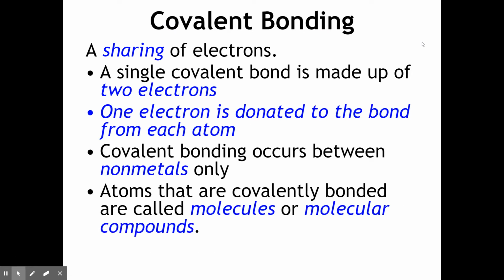Covalent bonding is a sharing of electrons, so unlike ionic bonds where they give away electrons, in covalent bonds they share. A single covalent bond is made up of two electrons.